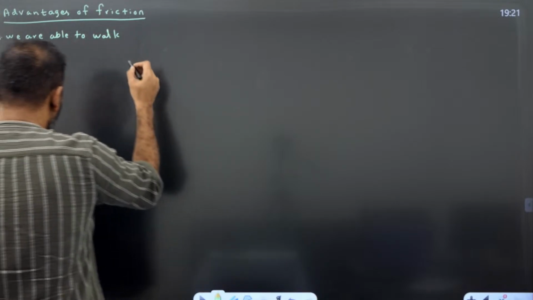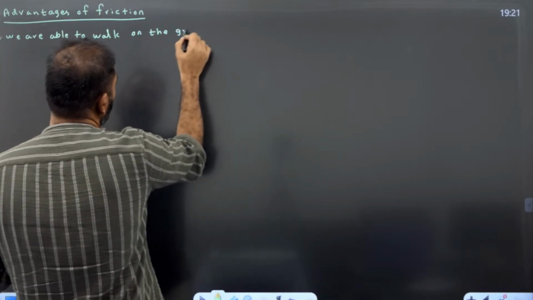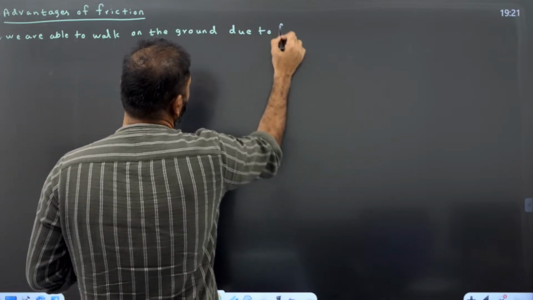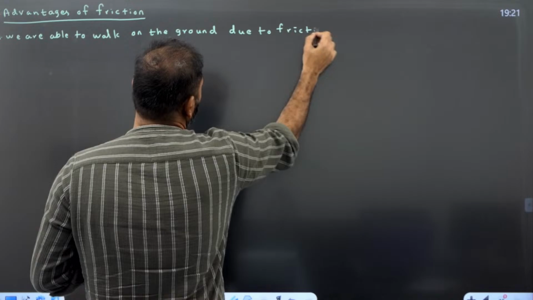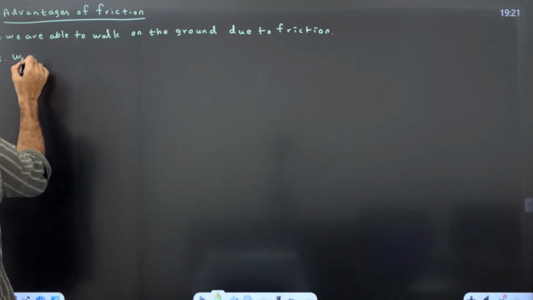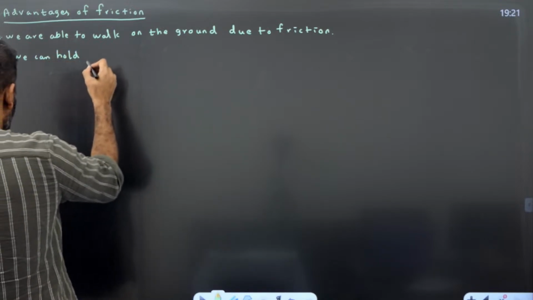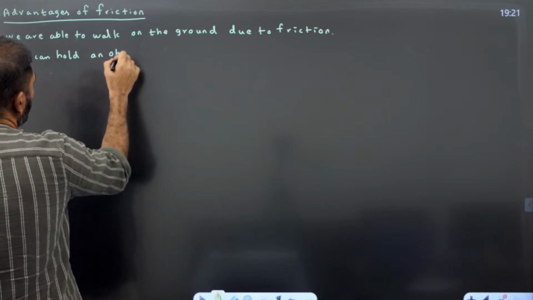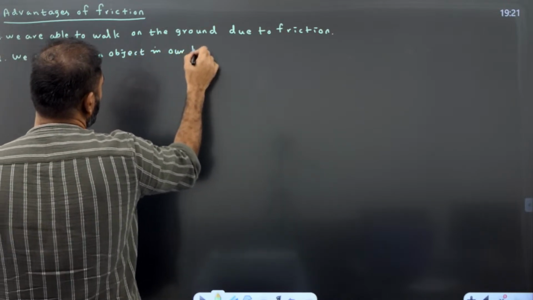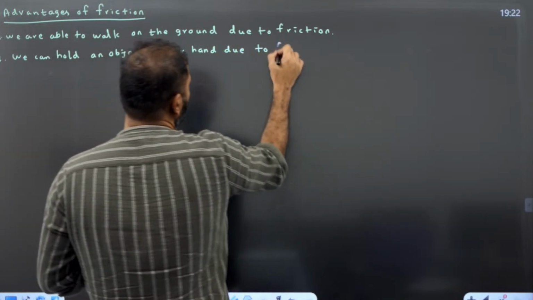We are able to walk on the ground due to friction. It is self-explanatory, so no need of further explanation. We can hold an object in our hand due to friction.